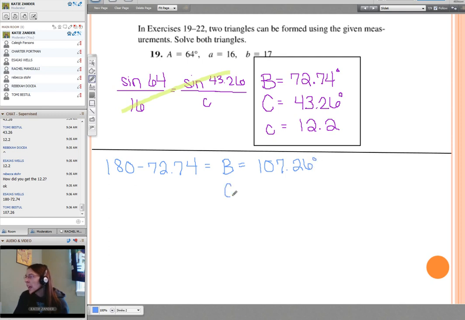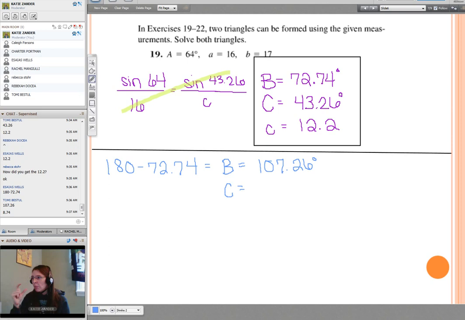Okay. If angle B is going to be that obtuse measurement of 107.26, what would angle C be? In angle C, we're expecting it to be pretty tiny.